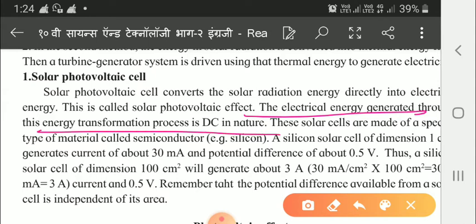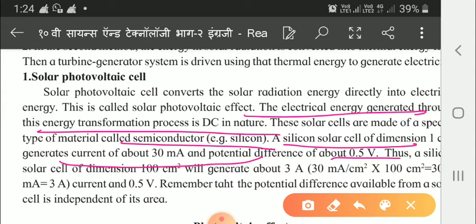These solar cells are made up of a special type of semiconductor, a substance called silicon. A silicon solar cell with a dimension of 1 centimeter square generates an electric current of about 30 milliampere and a potential difference of 0.5 volt.